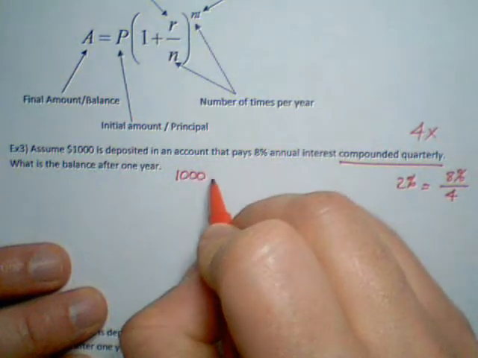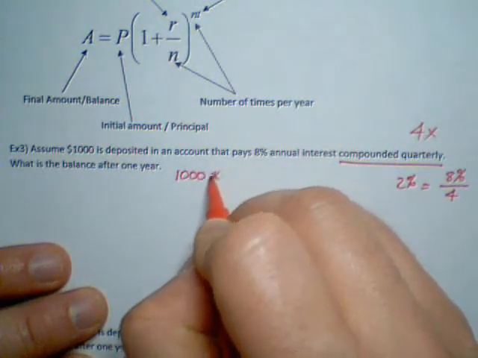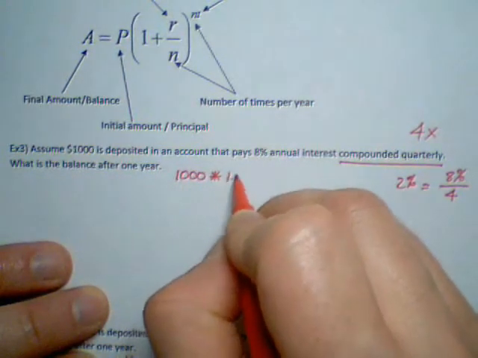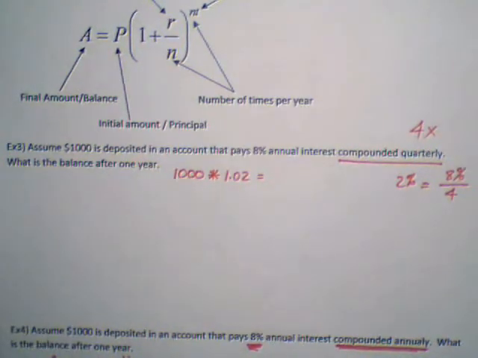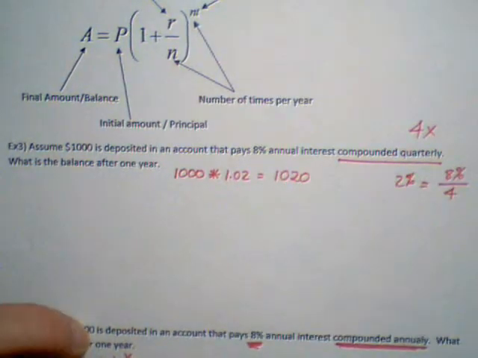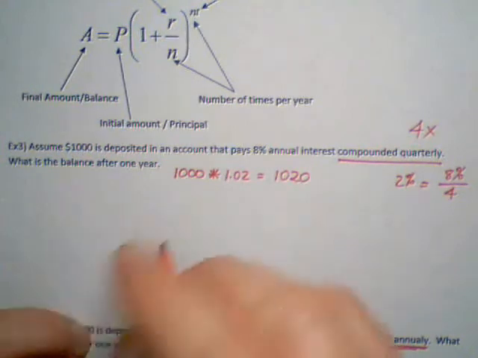So in other words, 3 months run by, and it's time for the bank to pay you. The bank's going to pay you 2% of the money that you have invested. Well, 2% of 1,000 will be 1,020. So in 3 months, now you have 1,020 in your bank account.